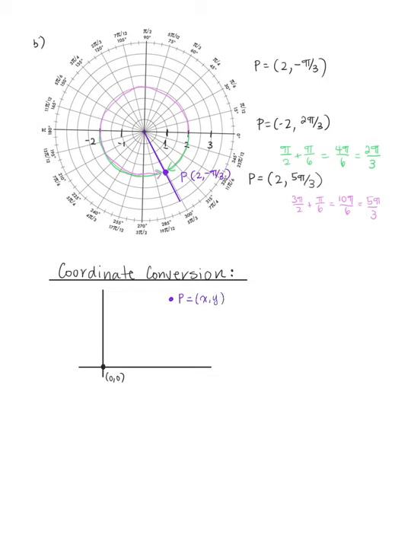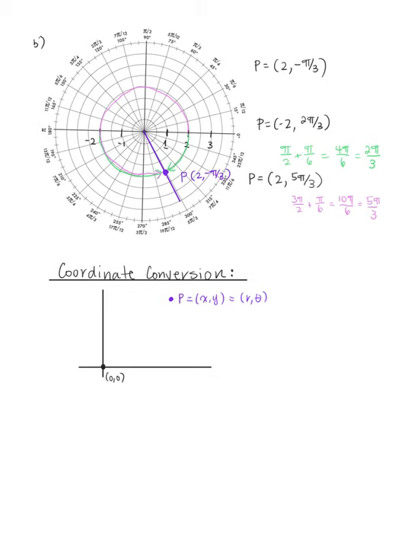Now, our job is this: how can I represent the same point in polar coordinate system? Meaning, how can I go from x, y to r comma theta? And vice versa. Suppose you were given a point in terms of r comma theta, how do I convert that back into a rectangular point, which is x comma y?